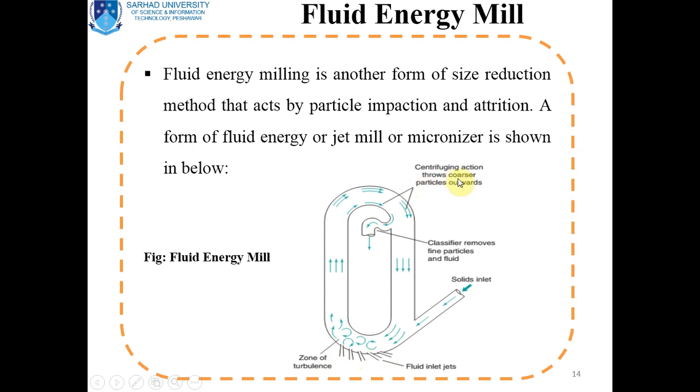The centrifuging action throws coarser particles outward, and a classifier is set to remove the fine particles. The fluid energy mill is another form of particle size reduction method that acts by particle impaction and attrition. These mechanisms are involved in the process of particle size reduction.